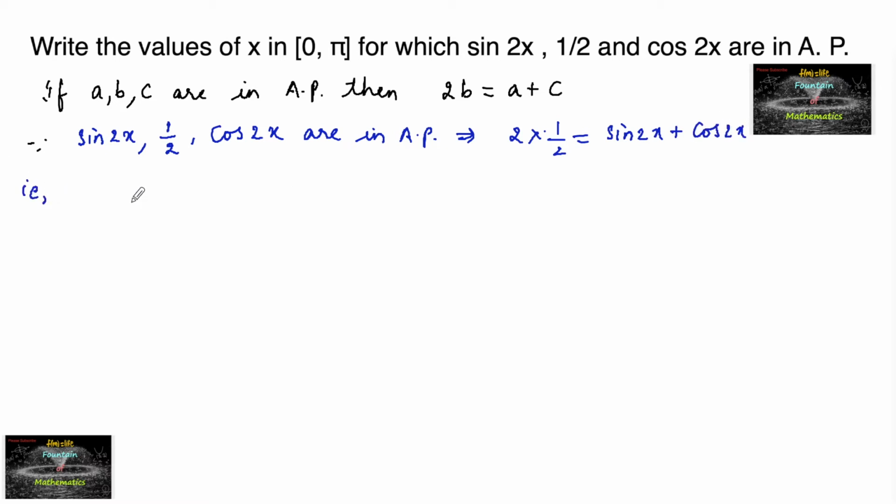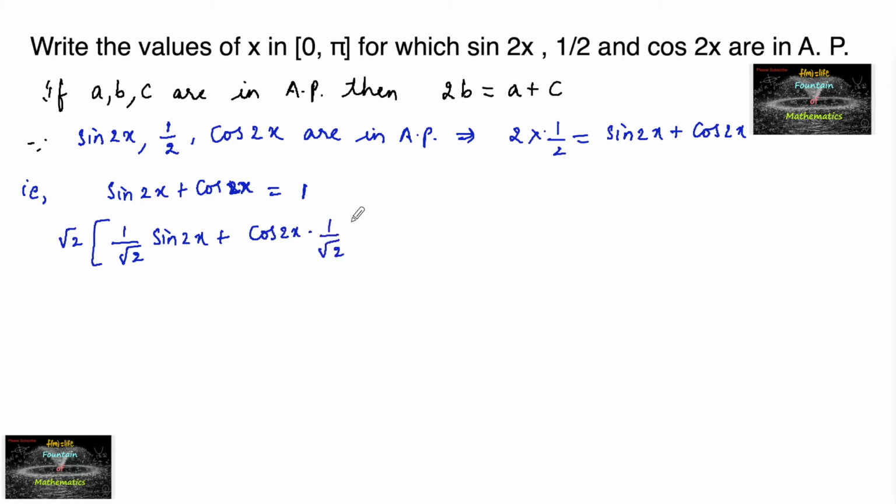that is sin 2x plus cos 2x is equal to 1. So let's multiply and divide with root 2. So root 2 times of 1 upon root 2 sin 2x plus cos 2x into 1 upon root 2, which is equal to 1.